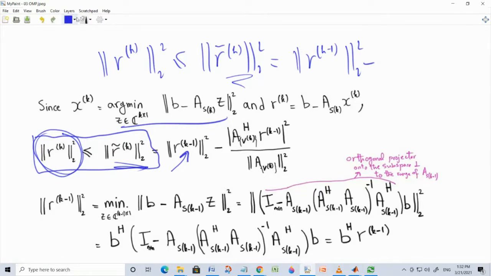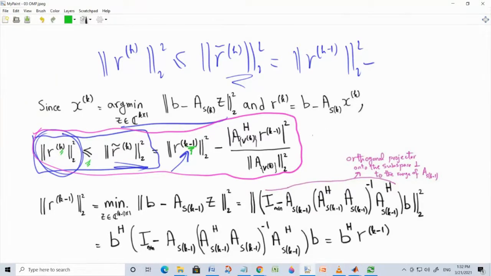So you look at this expression here. Should we celebrate? Is it something that is good? Let's see. This is the residual at step k. It is upper bounded by the residual at step k minus 1 minus a non-negative quantity.